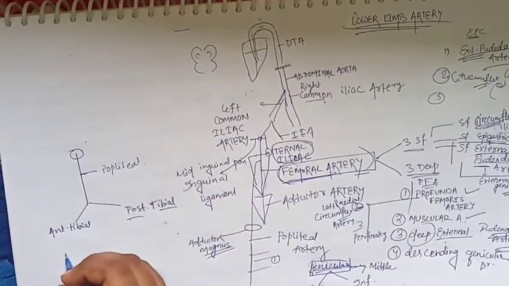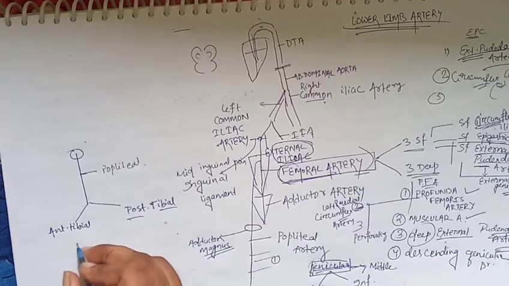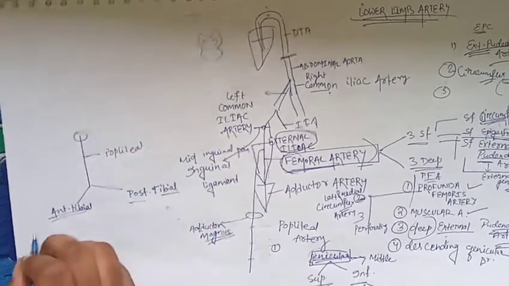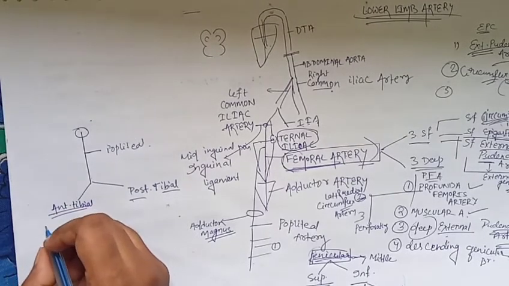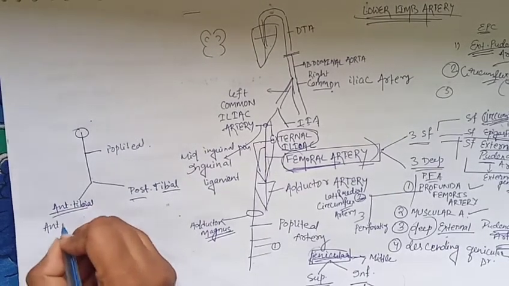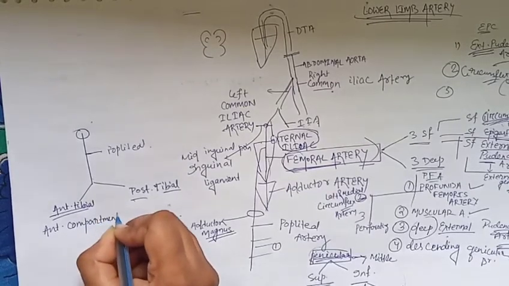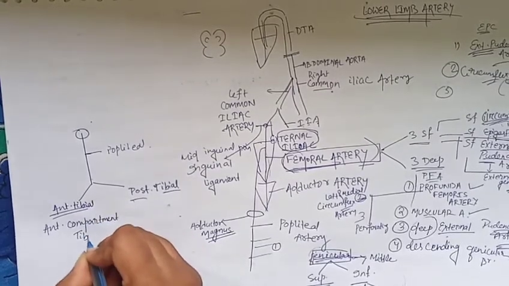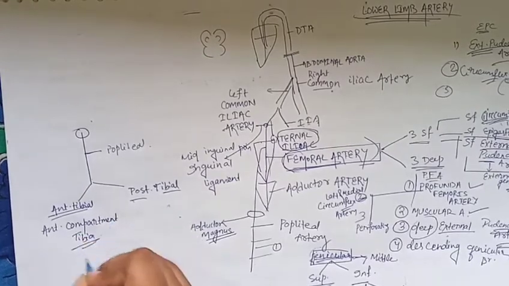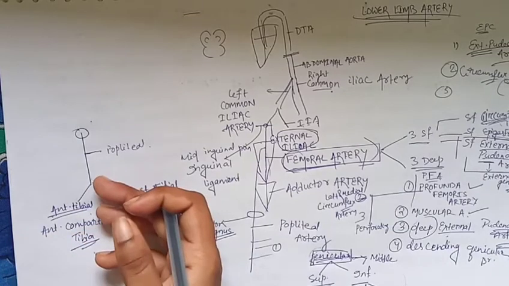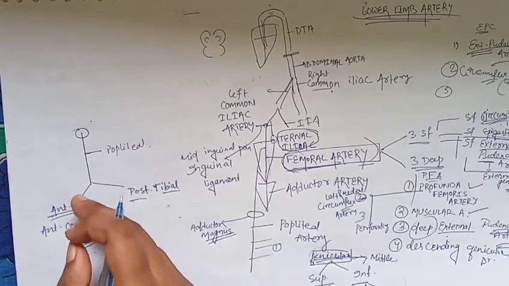The anterior tibial artery gives branches towards the anterior part of the tibia. So all the muscles of the anterior compartment of the tibia are supplied by the anterior tibial artery. You can remember just by knowing the anterior tibial artery.